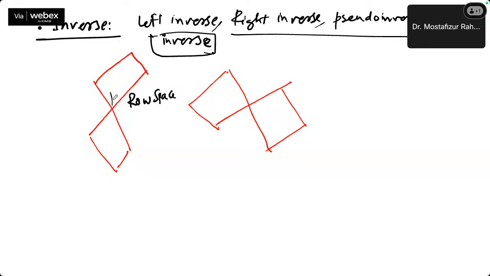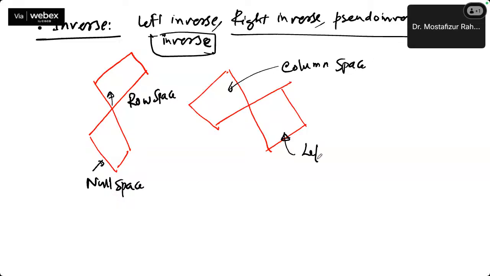This part is called the null space. This part is called the column space. This part is called the left null space. And this part is an n-dimensional space.